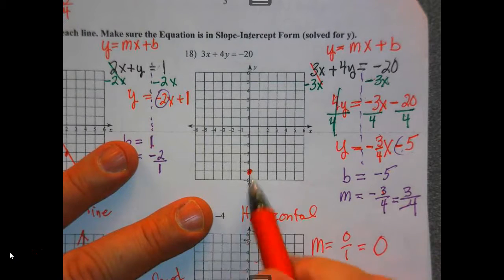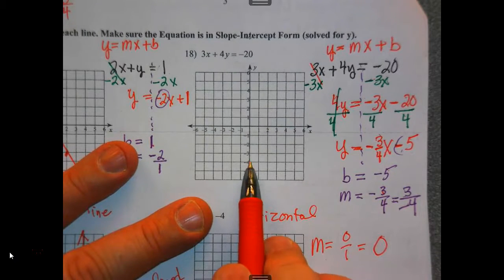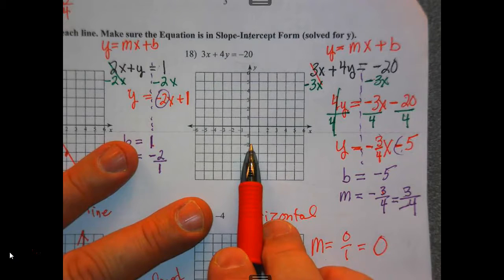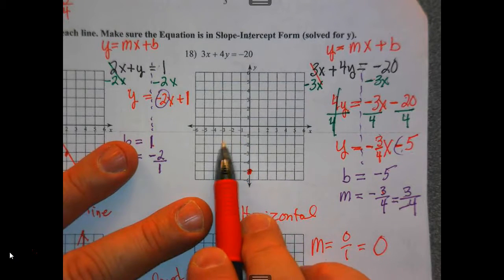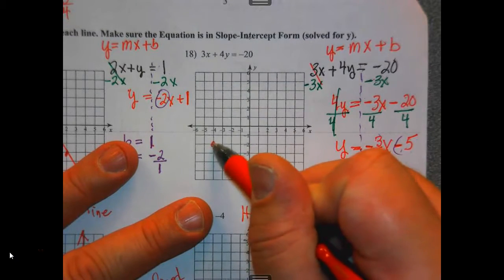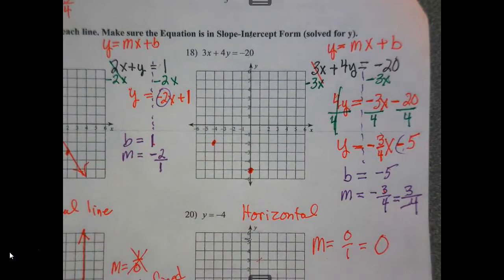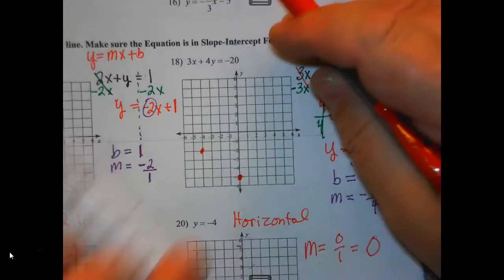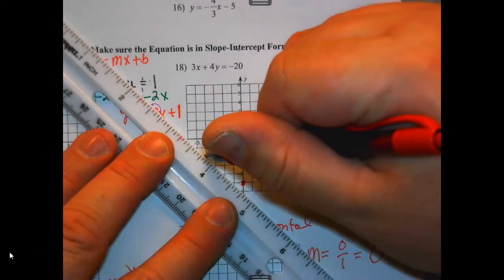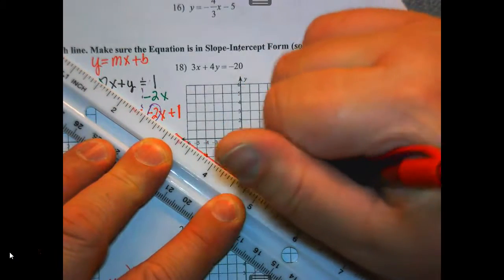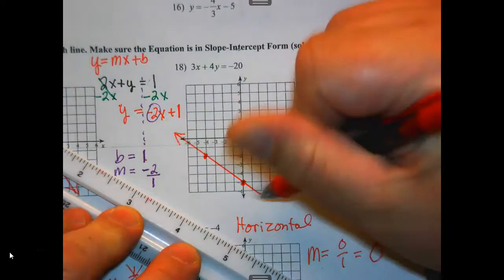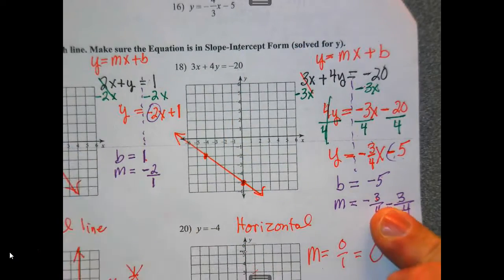So from the y-intercept, I'm going to go up 3, and then to the left 4. And I'm only going to be able to get 2 points on this.